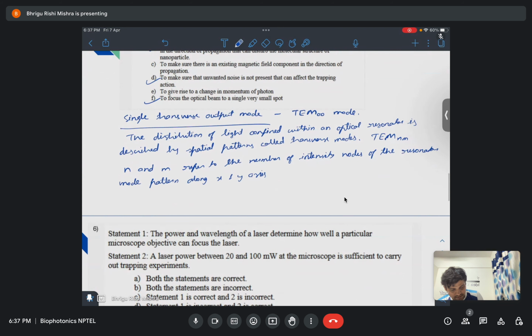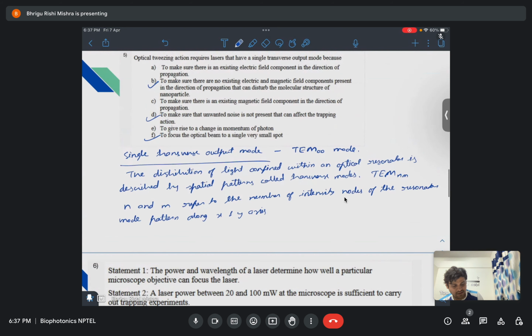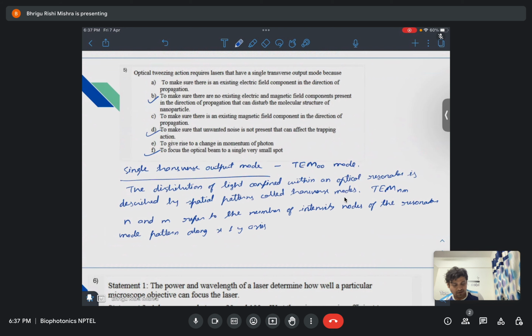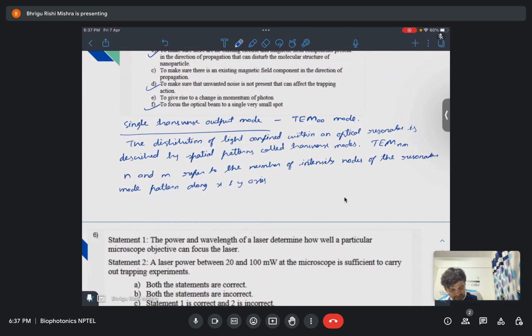So for this case, single transverse output mode, it is the TEM00 mode. It is the lowest order transverse mode.